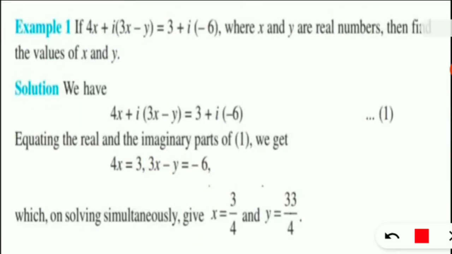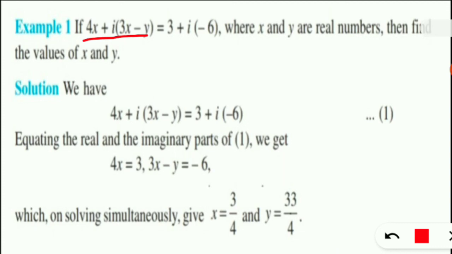Example 1: if 4x plus i into (3x minus y) equals 3 plus i into (minus 6), where x and y are real numbers, then find the values of x and y. So students, see that here in the left hand side, 4x plus i into (3x minus y), this is in a plus ib form.